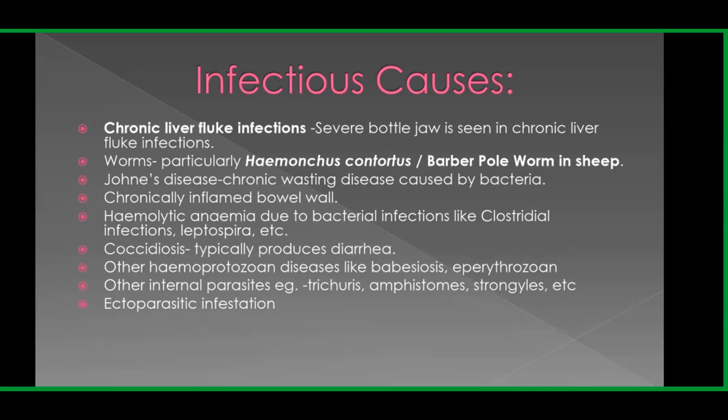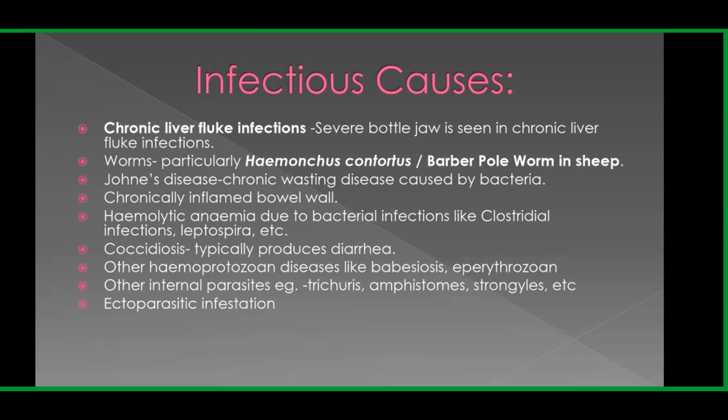Then there are certain blood protozoan parasitic infections like Babesia and Eperythrozoon, which are very common in sheep and goat. And again, internal parasites like amphistomes, strongyles, Trichuris, etc. These are the infections which will cause continuous irritation to the duodenum and the intestine, and then they will lead to loss of blood from the intestine.